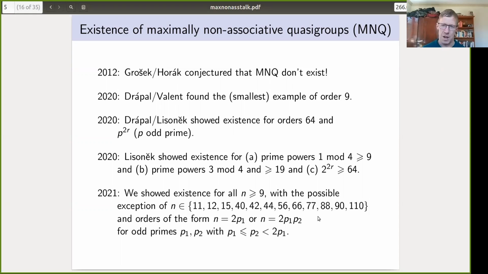So these are reasonably sparse families that we can't manage to construct with our method. I don't believe that these will actually be genuine exceptions, but, well, sorry, 2 times 5 is a genuine exception. We know that from this paper. So there are some small exceptions, we know that, but my guess is that they exist for all large orders. We just can't manage to quite nail these families.